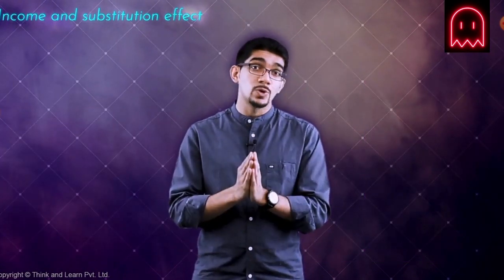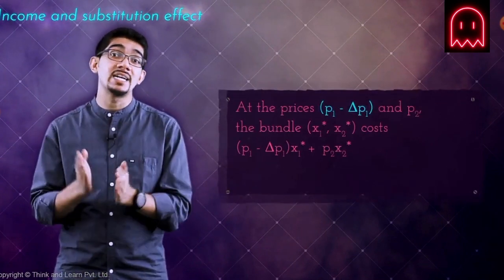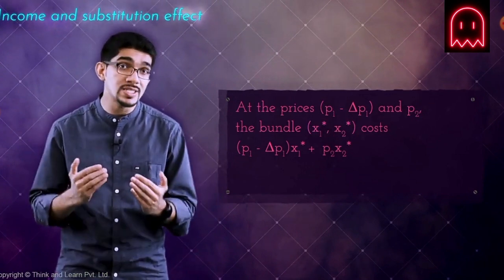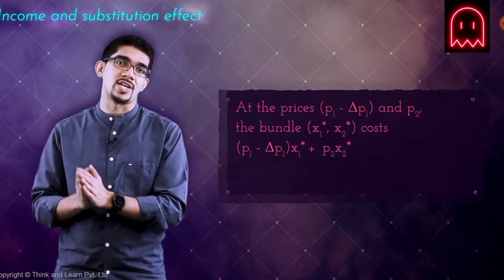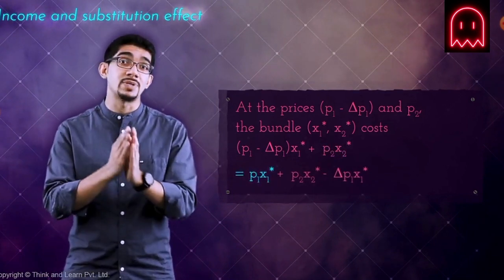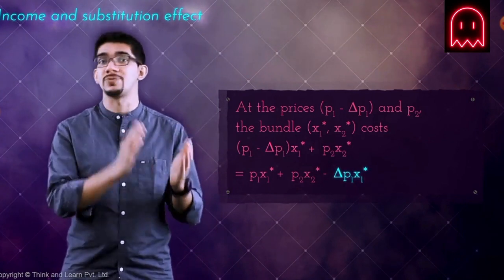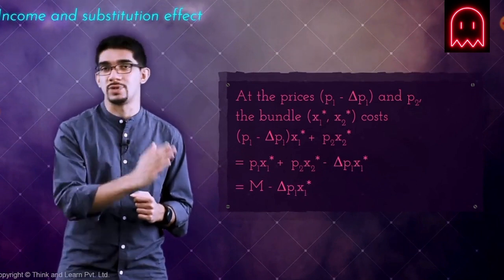Consider this. To buy the original bundle, originally M had to be spent. But now, how much has to be spent? Less than M, right? See, at the prices P1 minus delta P1 and P2, the bundle X1 star X2 star now costs (P1 minus delta P1) X1 star plus P2 X2 star, which equals P1 X1 star plus P2 X2 star minus delta P1 X1 star, which equals M minus delta P1 X1 star.